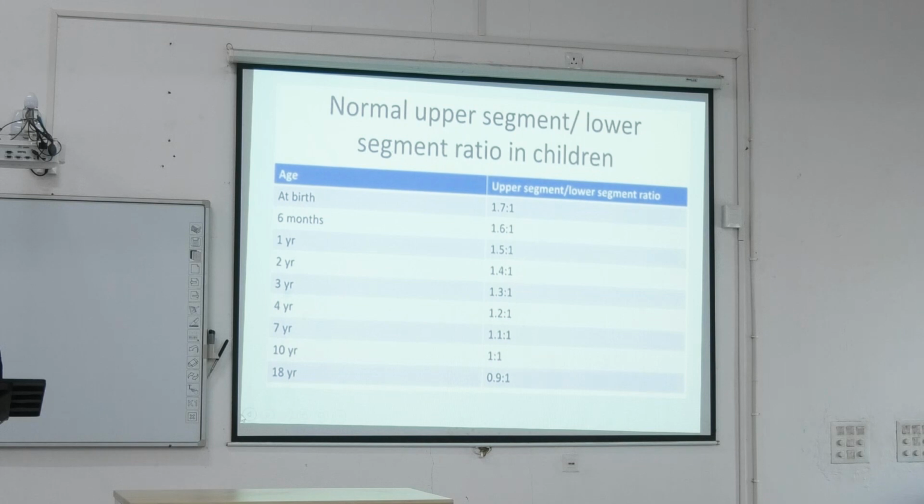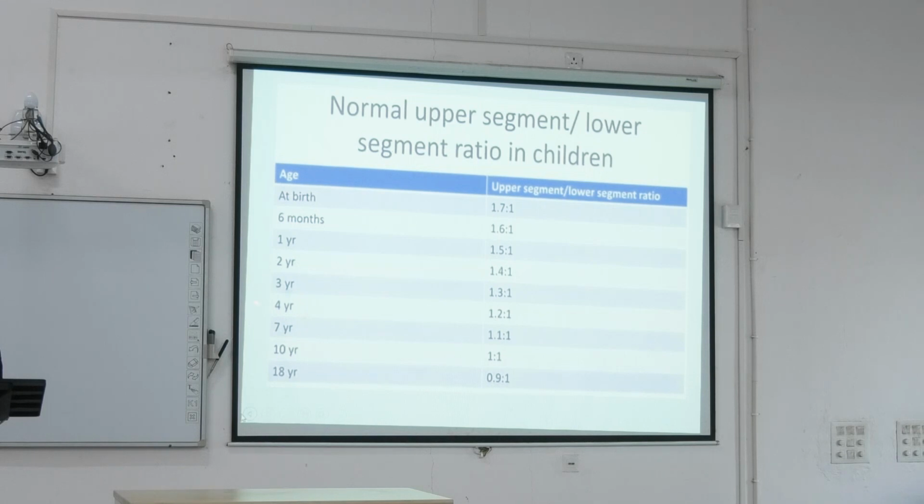Now, what is the normal ratio? Just remember, a very interesting thing: at birth it is 1.7 to 1. Head size is much more in newborns, right? So the upper segment will be much more. So the ratio will be 1.7 to 1. Upper segment is more than lower segment.